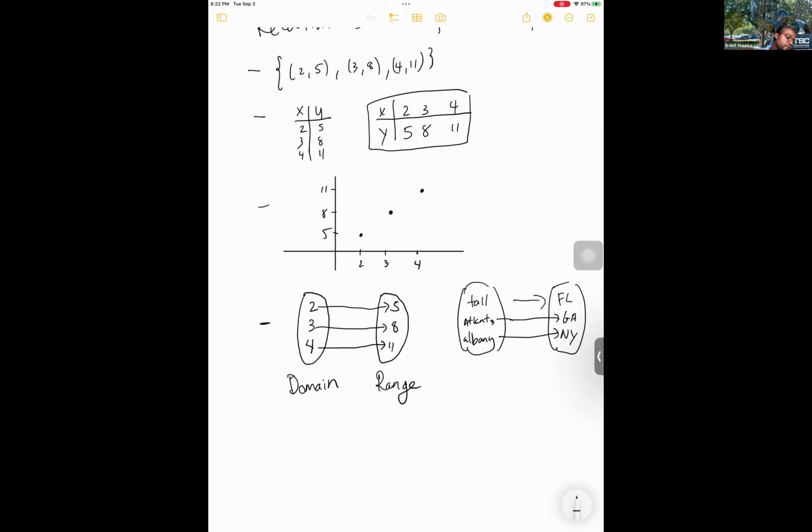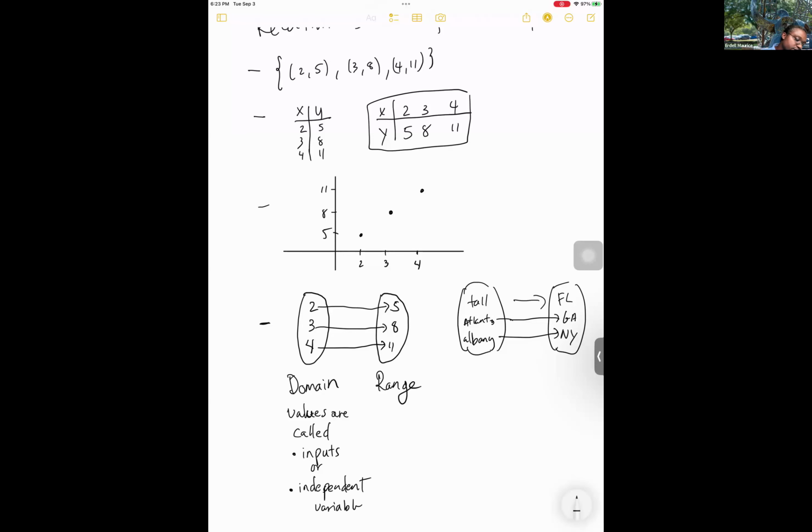Your domain values, the values in the domain, are called either the inputs or the independent variable.